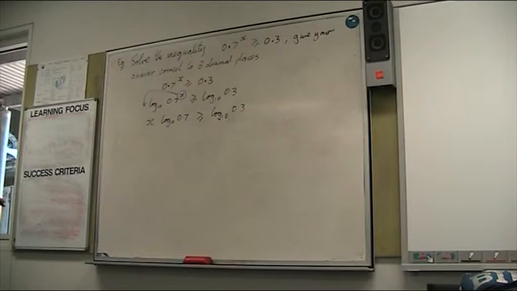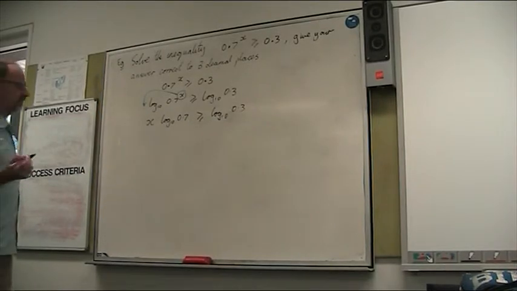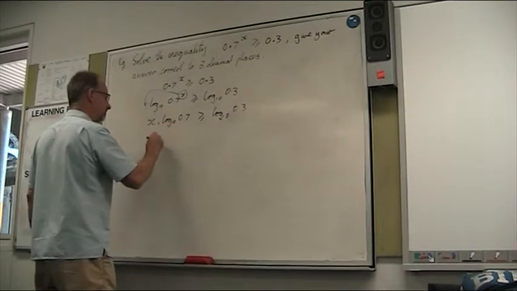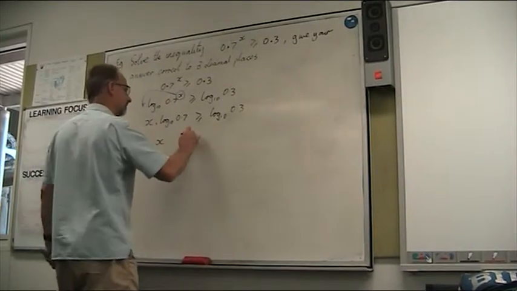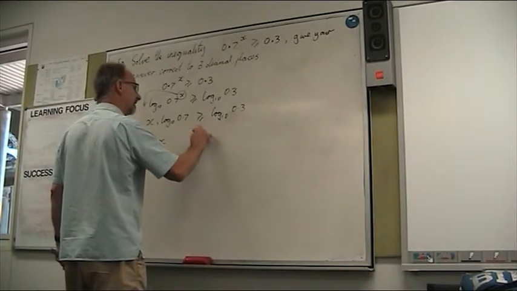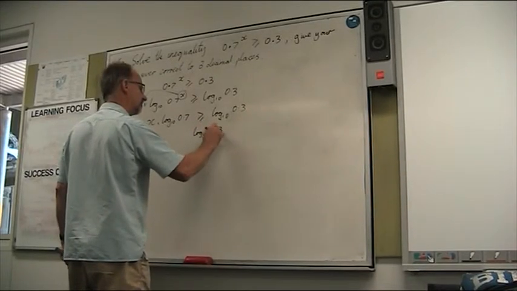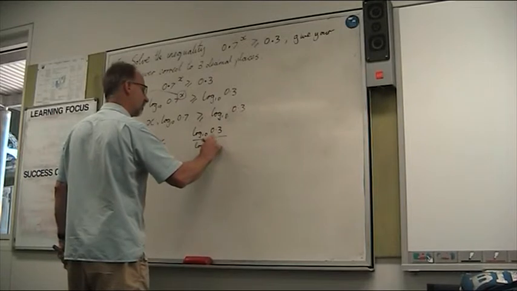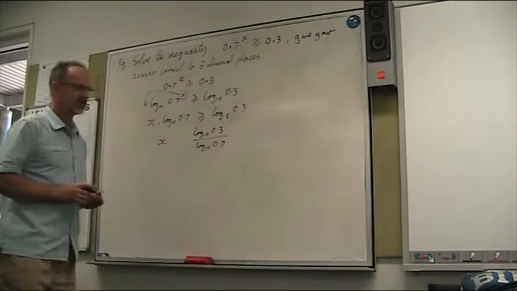Alright. So normally what we're going to do is, if this is a times, to get the x by itself we will divide. And so it will be log to the base 10 of 0.3 over log to the base 10 of 0.7.